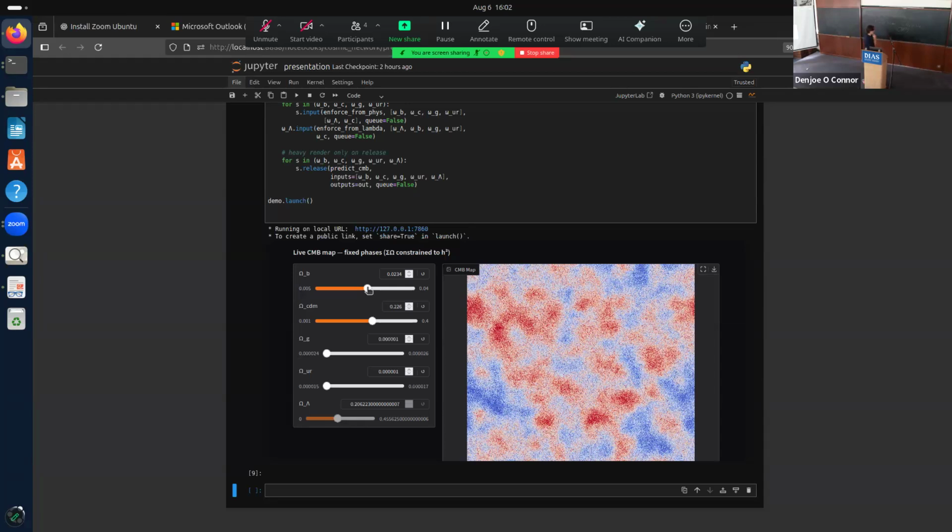This was 80,000. 80,000 did the job, but again, the problem with my data set is that the radiation range was too big. Because we have a set value for the temperature of the universe and we can infer omega radiation from that, the models that we use are very dependent on this value. So if you're trying to make a data set that has a wide range of omega radiation, it's a nightmare because it crashes.